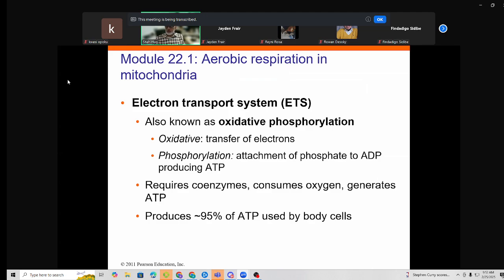Otherwise, they cannot go through in our cells. So 95% of ATP is produced in this process, and the rest, 5%, we produce either by glycolysis or the citric acid cycle.